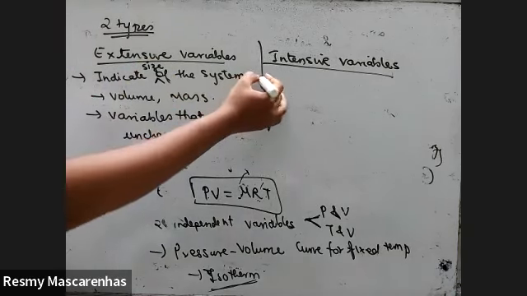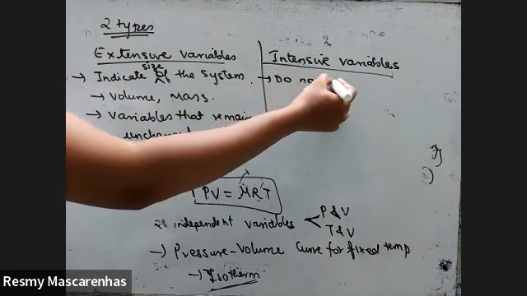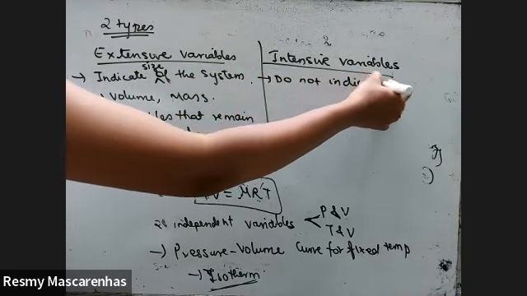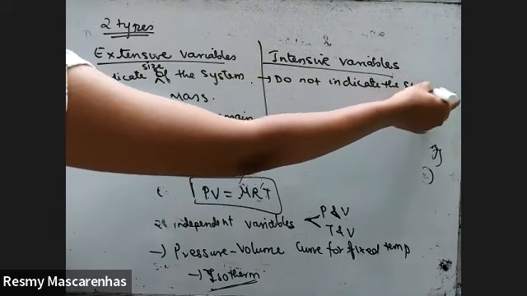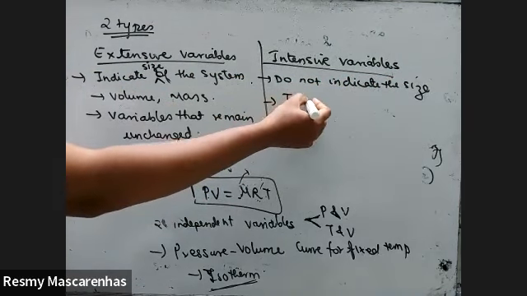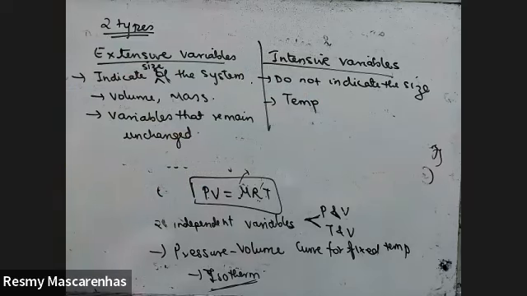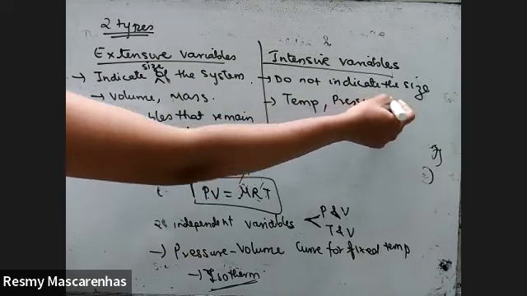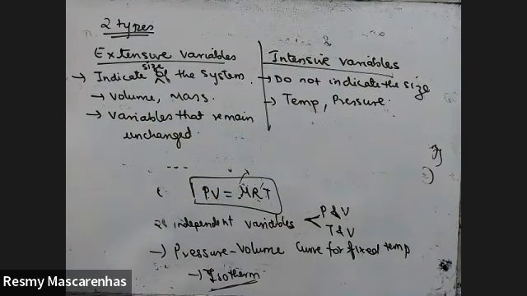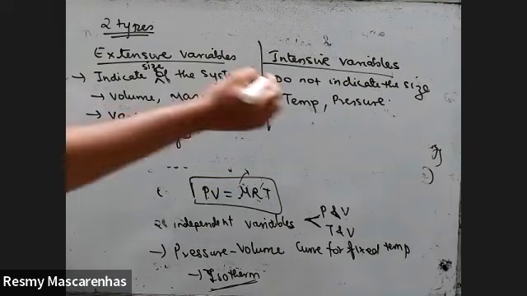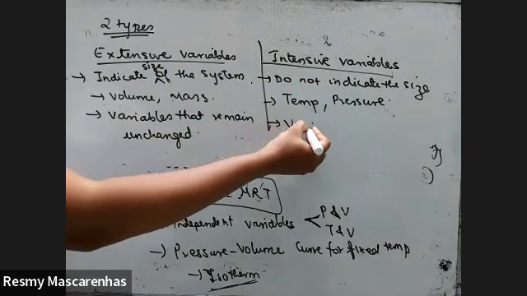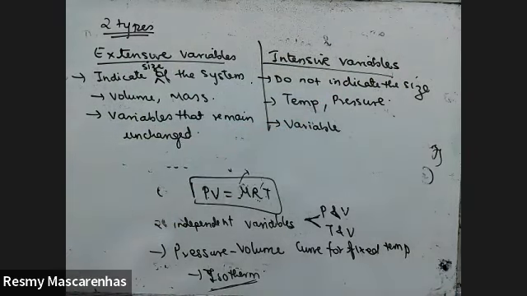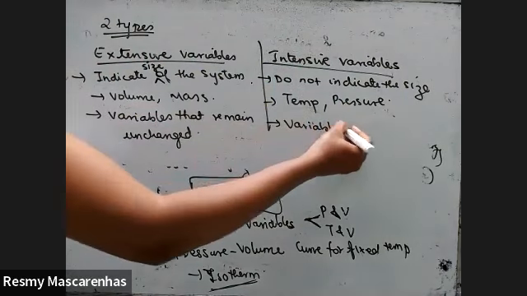Examples are temperature and pressure. Temperature can never tell you how big the substance or object is. So these can change anytime.